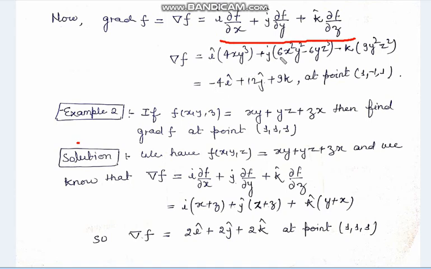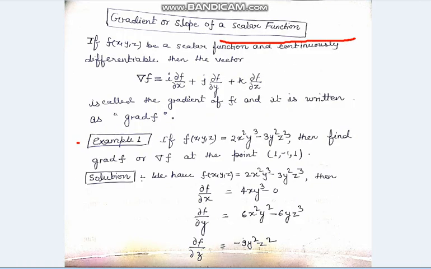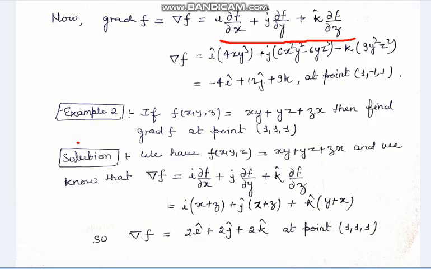Similarly, putting x, y, z equal to 1, -1, 1, we get 12j, and from here we get -(-9), so plus 9k.